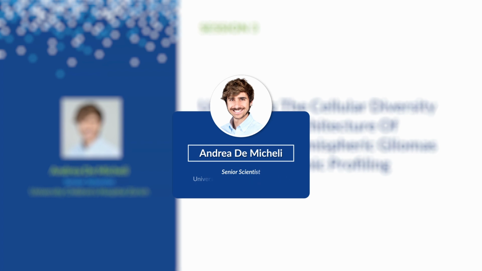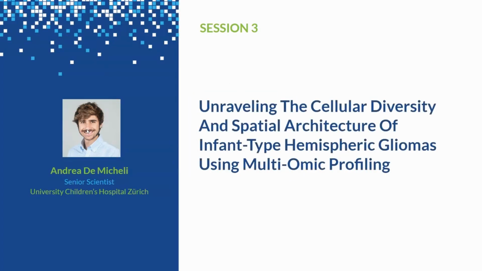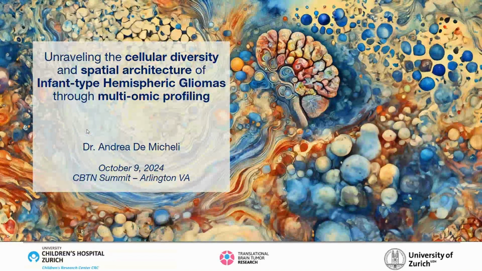I'm Andrea. I'm a senior scientist and computational biologist at the Children's Hospital. For those who are wondering, this picture has been generated by AI by feeding the title of my talk to a large language model. In our research lab, we're interested in studying a very rare type of pediatric glioma in babies called infant-type hemispheric gliomas.